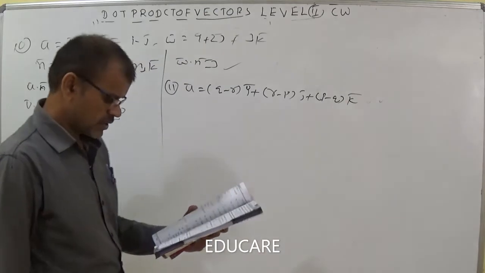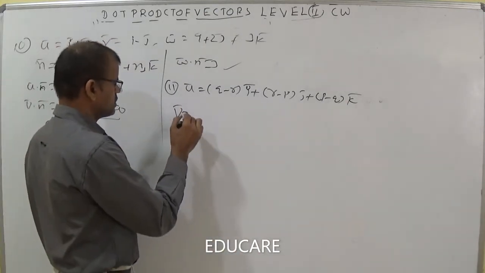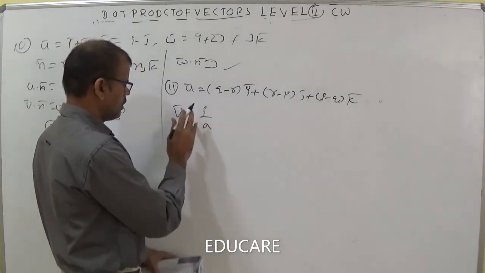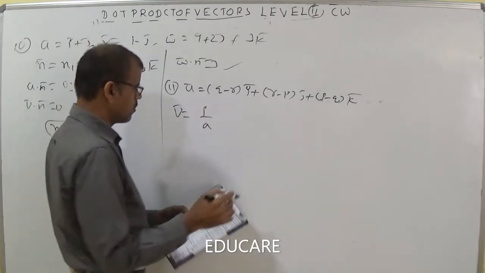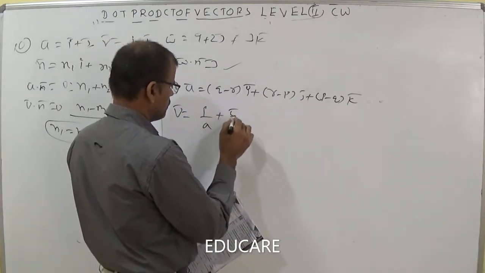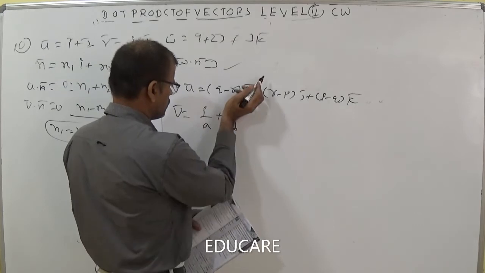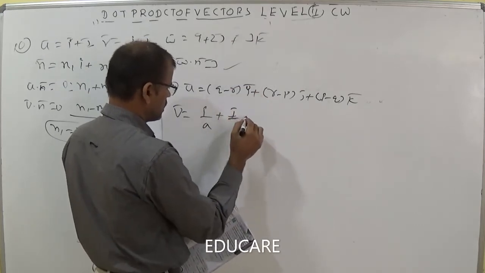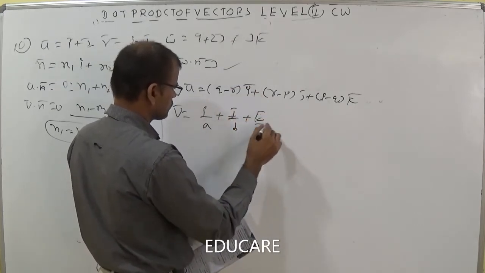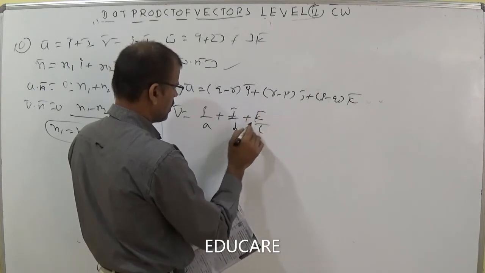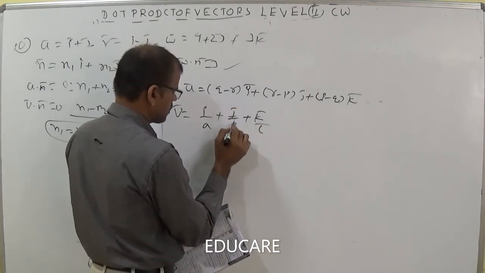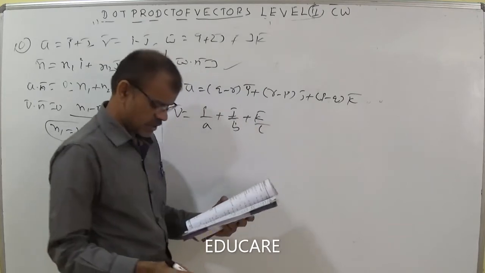That is the vector U given. V is equal to I bar by A plus J bar by B plus K bar by C, given.